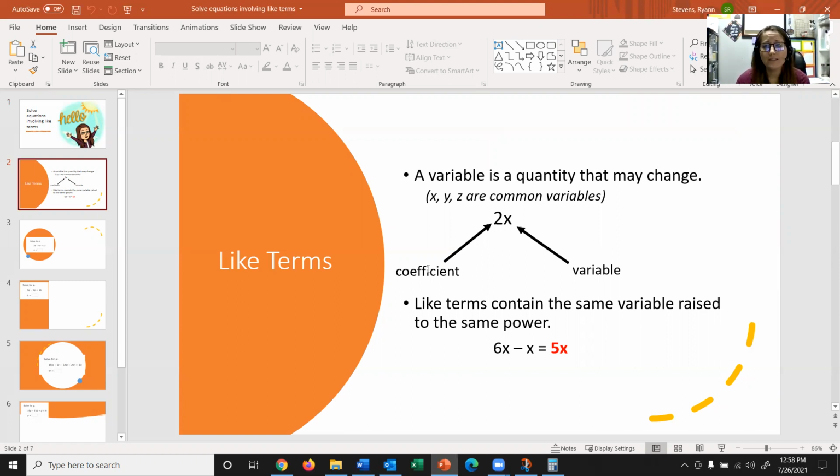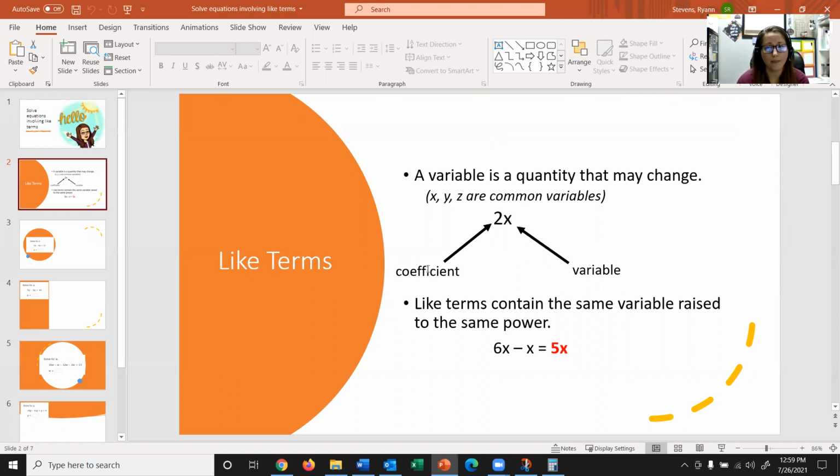Now, for this exercise, looking at solving equations involving like terms, it's important to remember that like terms are going to be the same. They're going to have the same variable and they're going to be raised to the same power. So for instance, if you just have the number 2, that does not have a variable, and then you have 2x, those are not like terms.